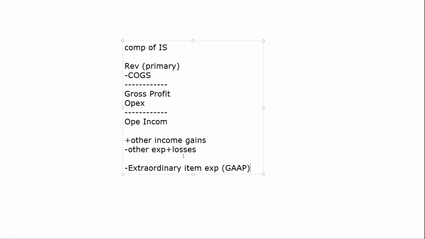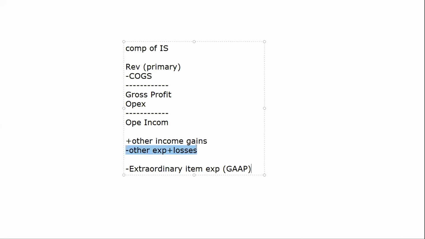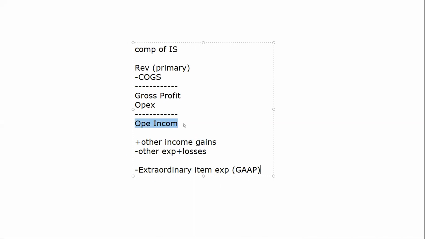All these extraordinary events that occur should be included here, in other expenses and losses, if there are some expenses. So until this point, GAAP and IFRS go the same.